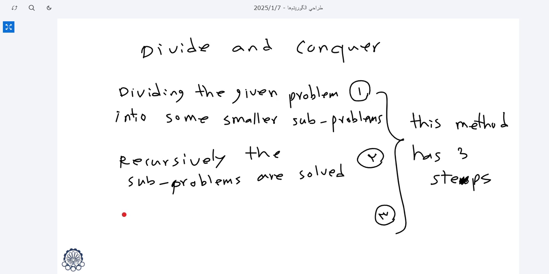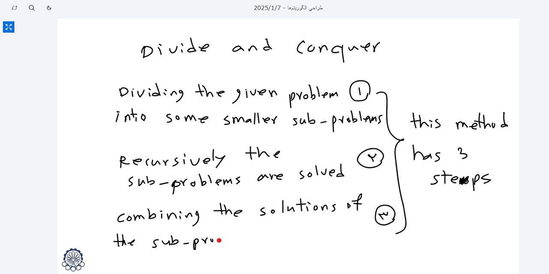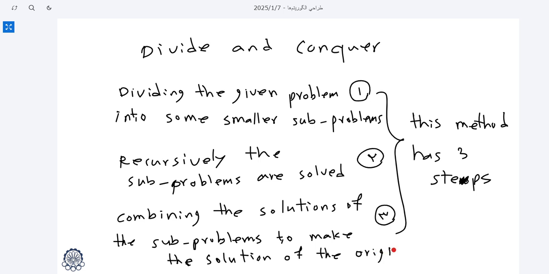So the third step is combining the solutions of the subproblems to make the solution of the original problem.